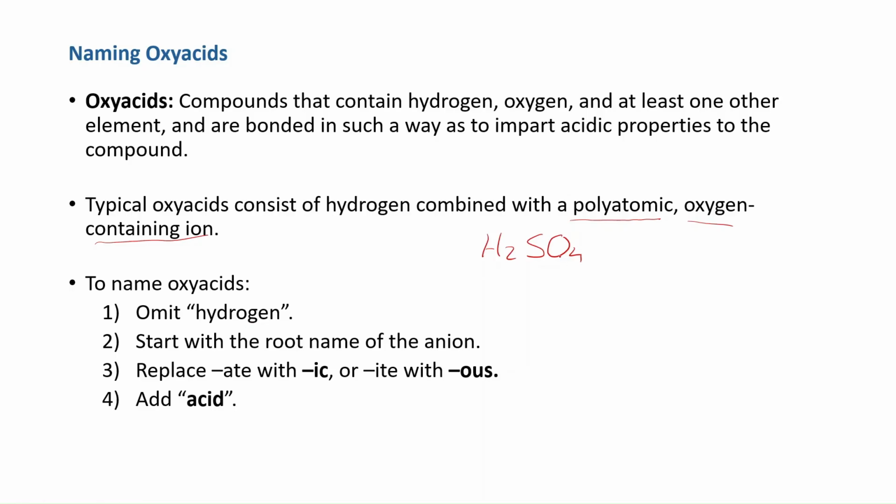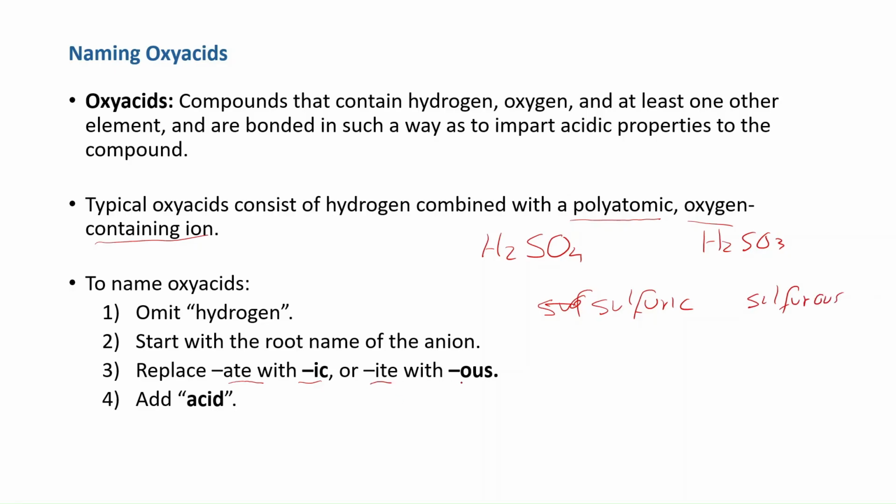Then you get the root name, that was sulfate, sorry, and add different endings. If the polyatomic ion ends in ate, you call it ic. So that's going to be sulfuric. If you had H2SO3, the sulfite, we'll call it sulfurous.